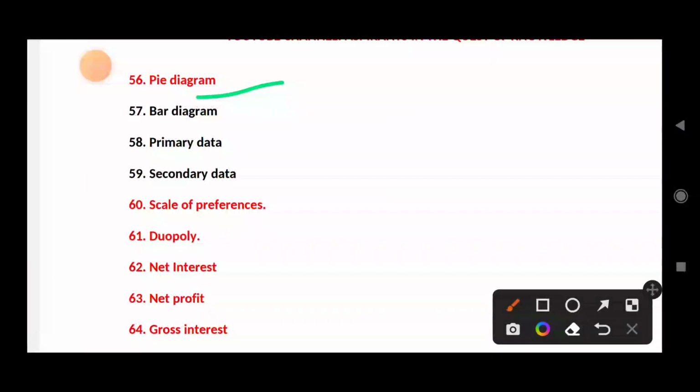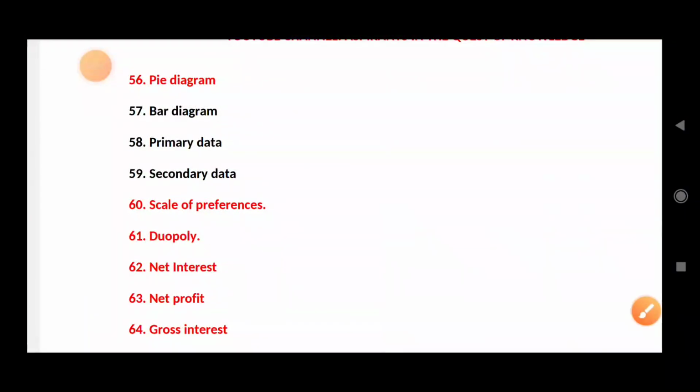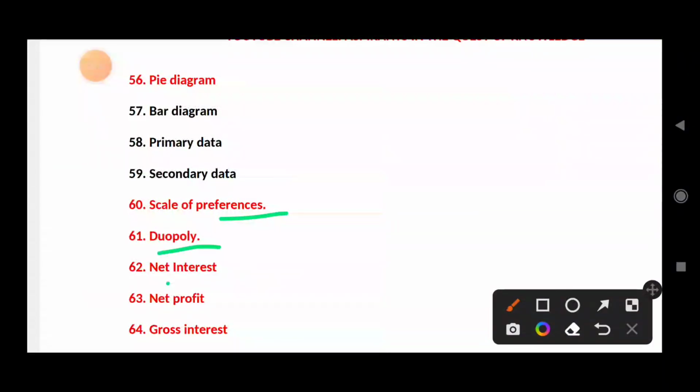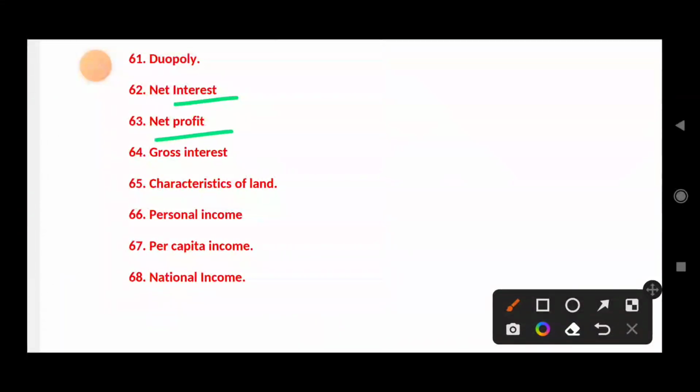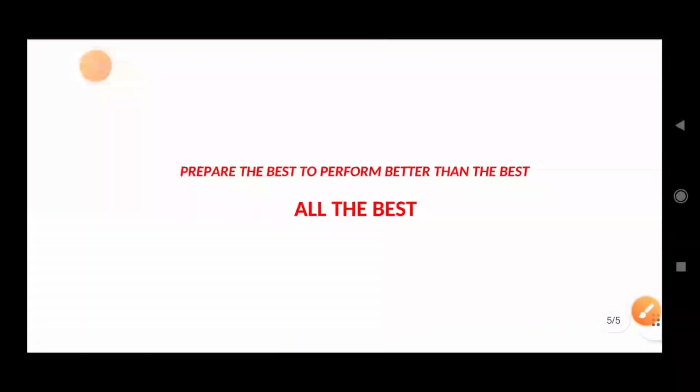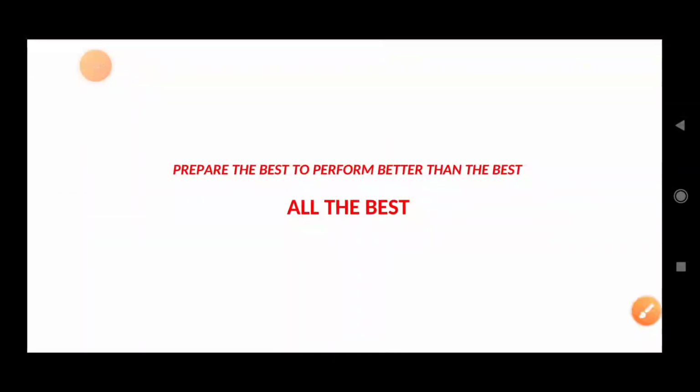Next we are having what is spike diagram, bar diagram, primary data, secondary data, and scale of preferences, duopoly, net interest, net profit, gross interest, characteristics of land, and personal income, per capita income, national income. These are very important questions relating to economics.